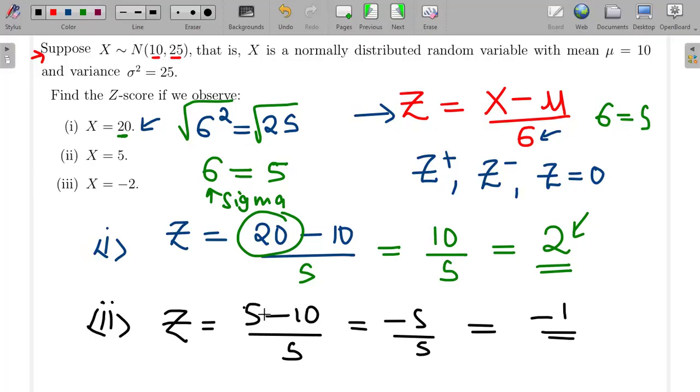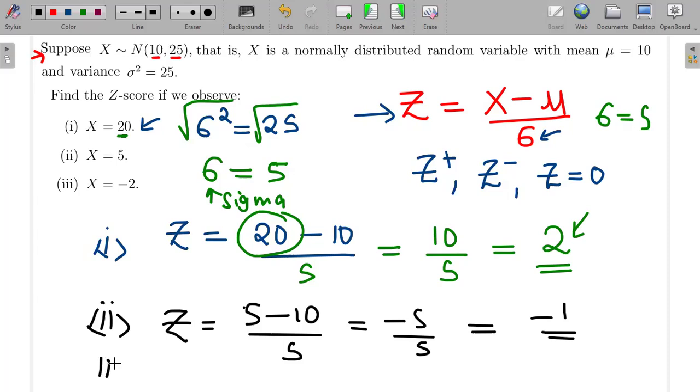You can check that the observed value was 5, which is less than the mean, 10. Since it is negative, the observed value is one standard deviation below the mean. So the z-score here is -1.